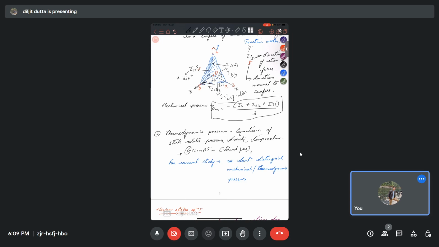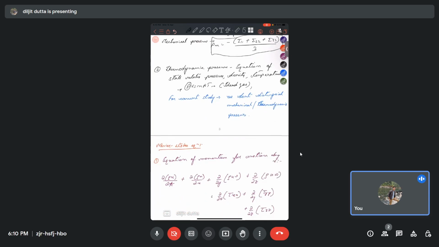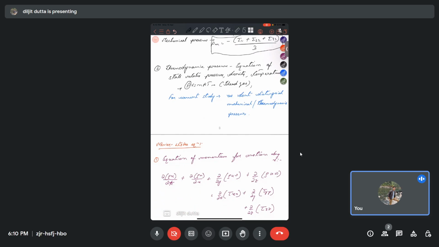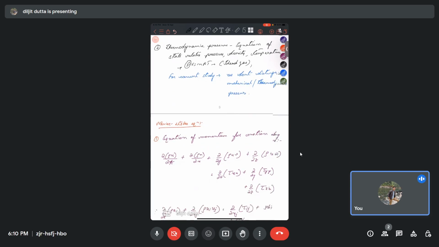Similarly, for a fluid, based on the state of the fluid, you can get an equation for thermodynamic pressure. For our current study, we won't differentiate between thermodynamic and mechanical pressure. We will consider only one definition of pressure, either thermodynamic or mechanical, and we won't differentiate between them.